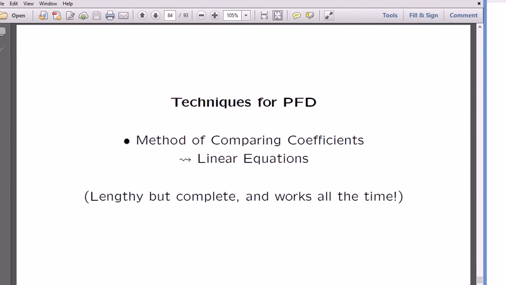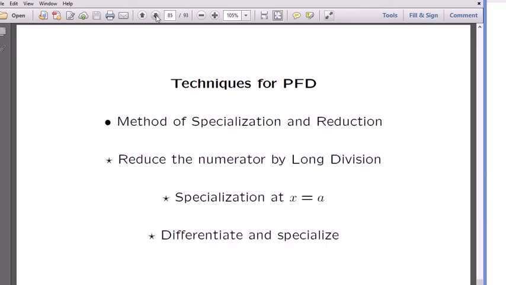So I wrote here, the method of comparing coefficients works all the time, but a little bit slow. The second one is juggling these three things, reducing the numerator and specializing, and sometimes you have to differentiate if there are multiple factors, like the multiplicity, and they're involved. So a lot of juggling back and forth, but in a small example, this guy worked really fast.